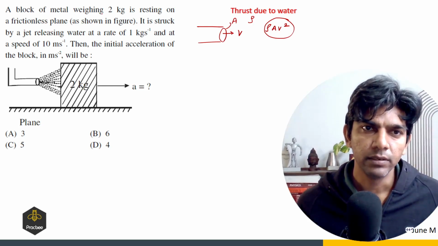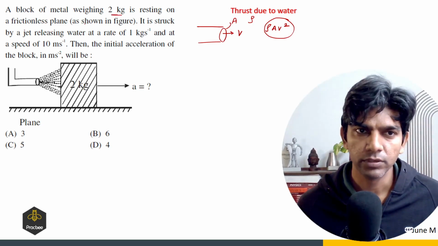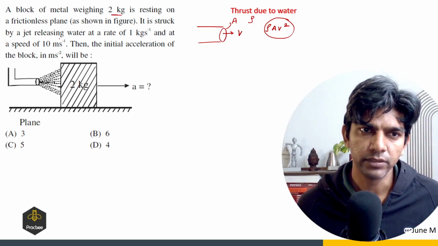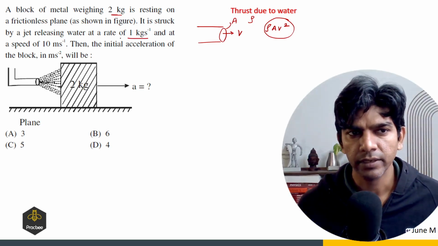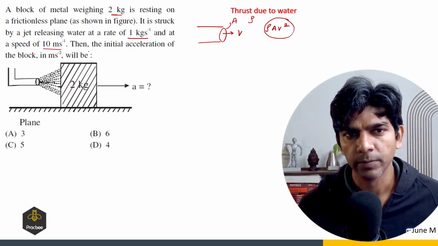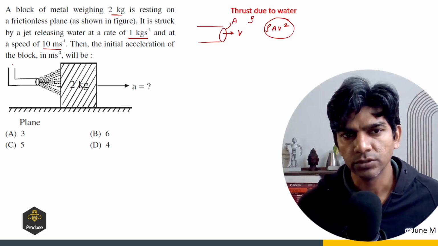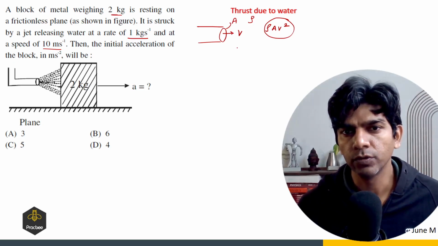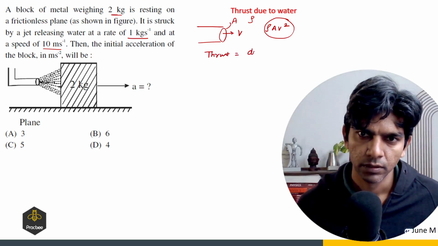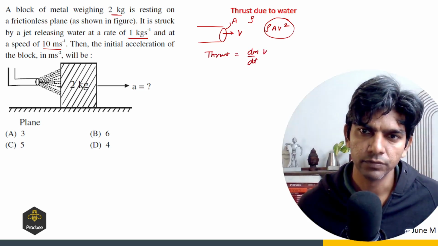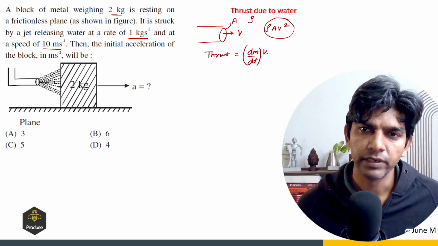A block of metal weighing 2 kilograms is resting on a frictionless plane. It is struck by a jet releasing water at a rate of 1 kilogram per second and a speed of 10 meters per second. Then the initial acceleration of the block is? Another formula which you have to remember is that the thrust can also be written as dm by dt times v relative, right?